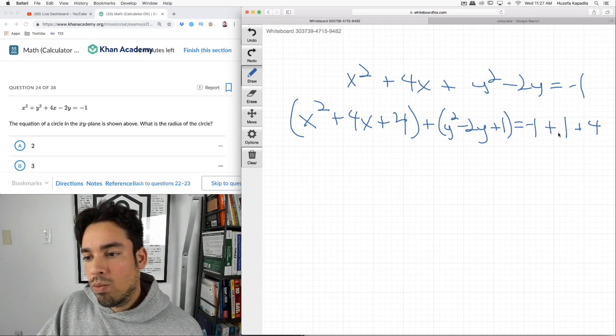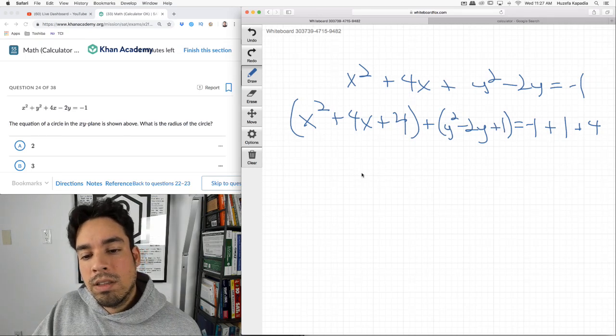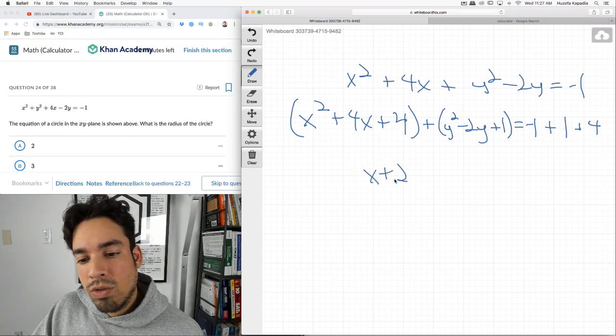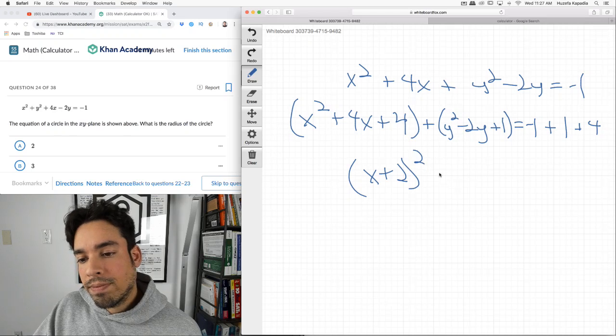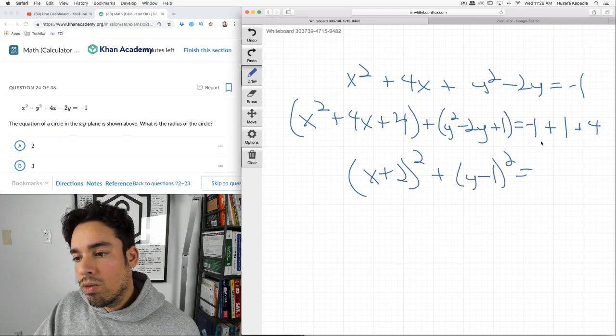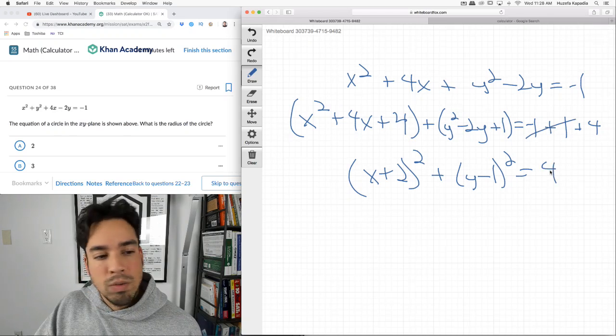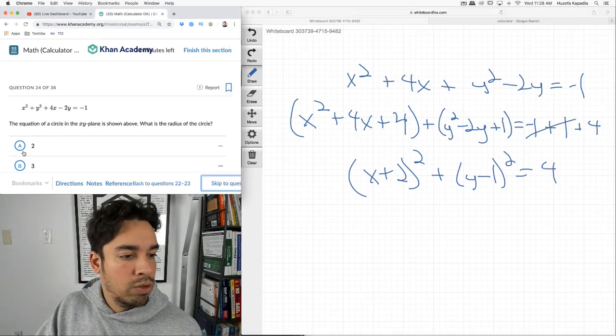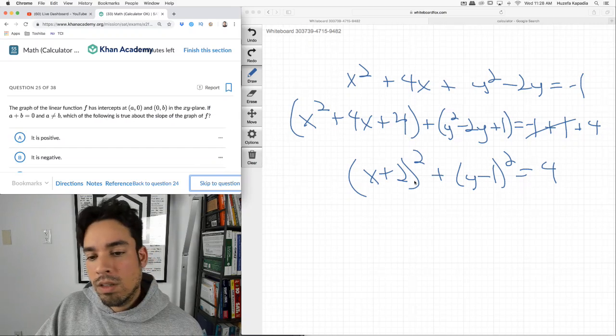And then we have to also add 1. I'm adding 1 here and adding 4 here, so I have to do the same there. And then that is just x plus 2 squared plus y minus 1 squared equals 4. And the radius is the square root of 4, which is 2. That's the form x minus h squared plus y minus k squared equals r squared.